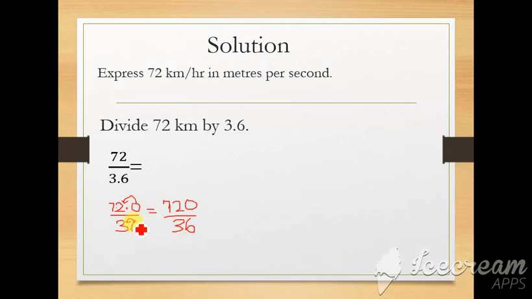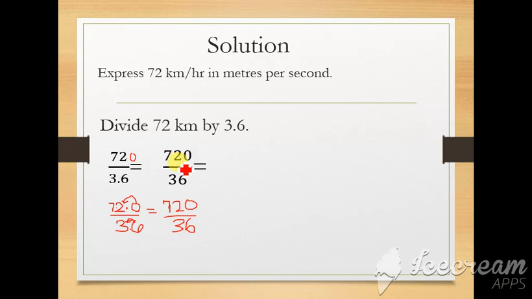Since I've moved one digit to the other side of the decimal point, I will need to move one digit too. Since I don't have any digit aside from 0, of course 72 is written as 72.0, so I move the 0, and I have 720. Now it becomes easier. So I have 720 over 360.